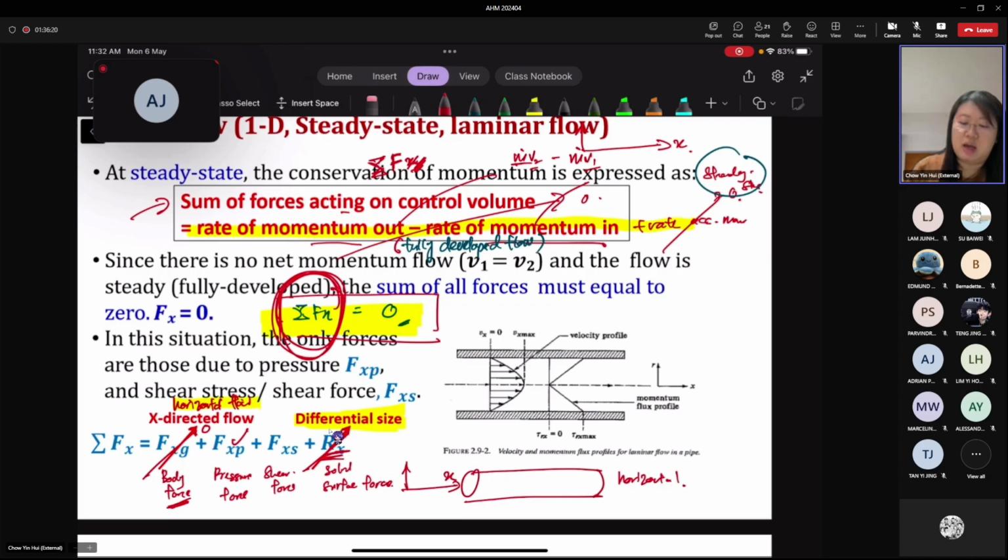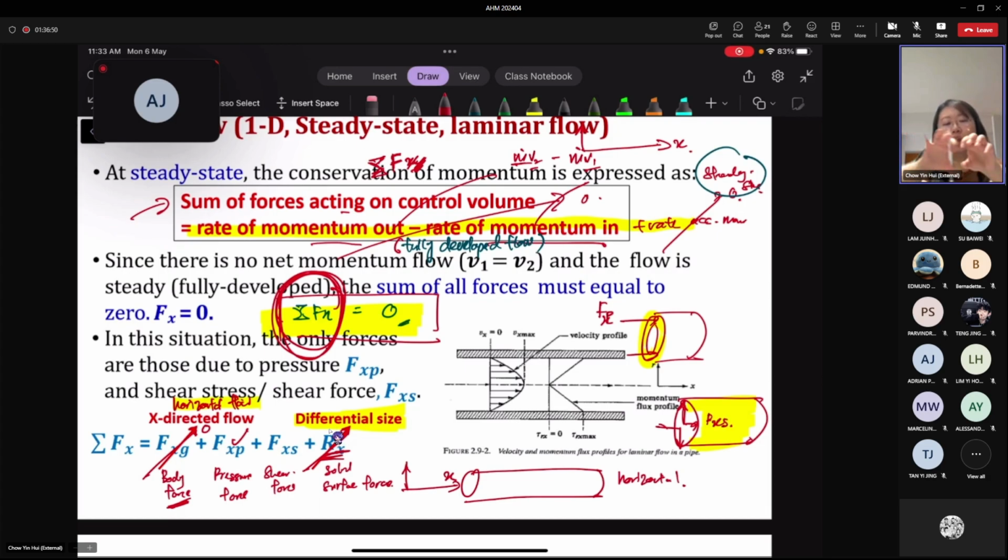As you can see, for the differential ring we analyzed, there will be pressure force Fxp acting here, and there would be shear force acting on the cylindrical body of the ring. This is the cross-sectional area on which the force acts. The shear force is in the radial direction, and it is due to the friction caused by each fluid layer flowing past each other. That's why you need to consider the shear force.